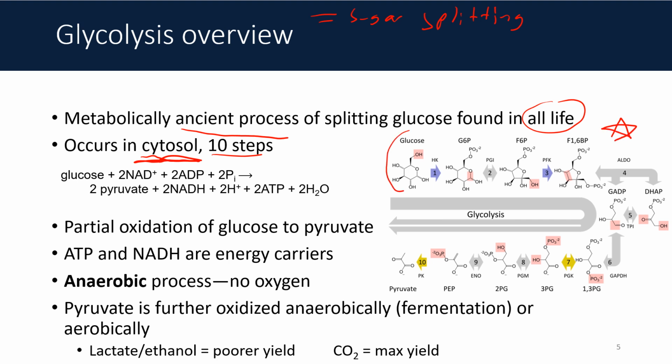We start with glucose, and then 10 enzymes later, we end up with two 3-carbon sugar acids called pyruvic acid or pyruvate.